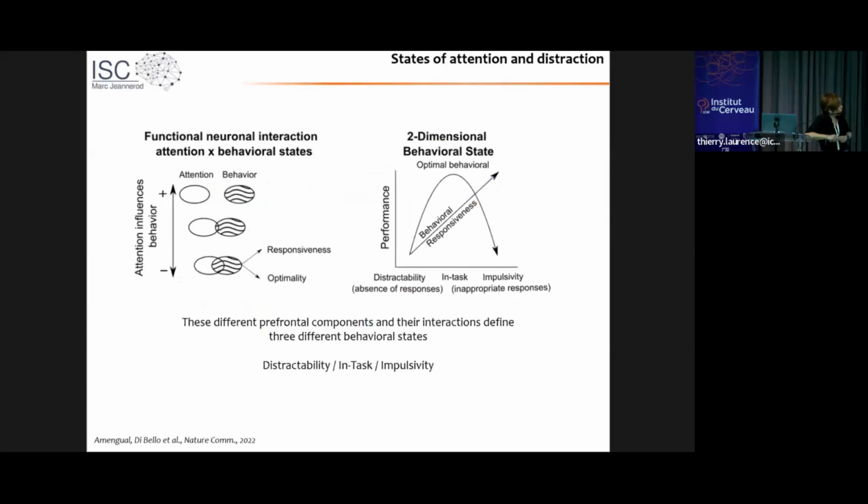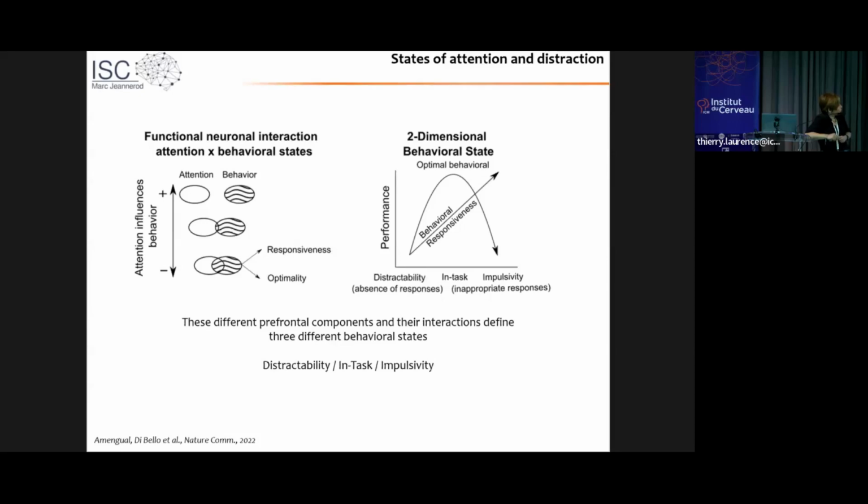So in summary of this part, 2 elements. One, the fact that these 2 components are non-orthogonal, and the orthogonalization of these 2 components comes with a strong behavioral benefit of attentional processing. The other element is the existence of behavioral states that contribute to overt behavioral performance, one being linear and one being U-shaped and very reminiscent of the Yerkes-Dodson U-shaped curve.